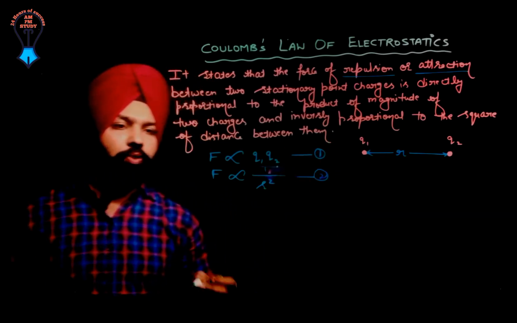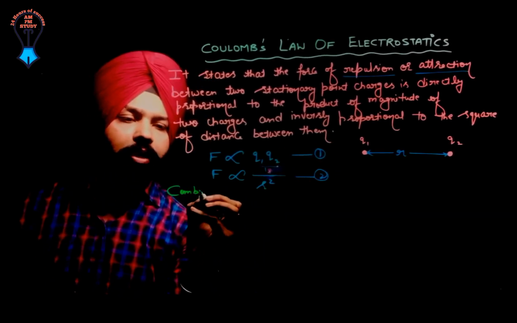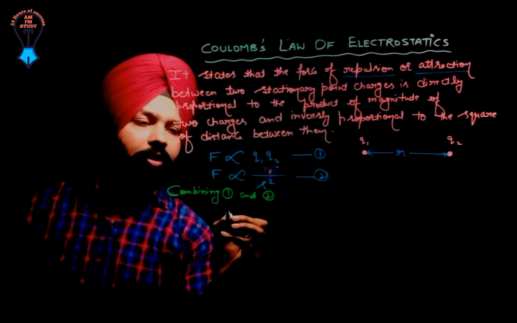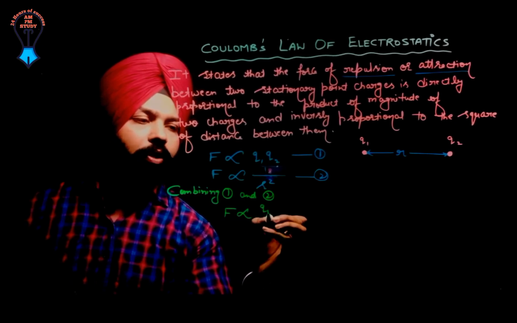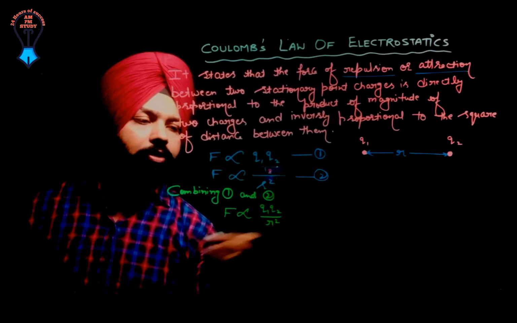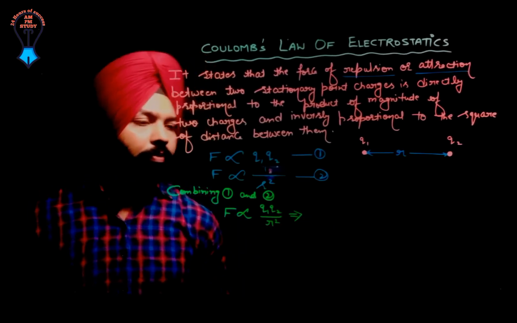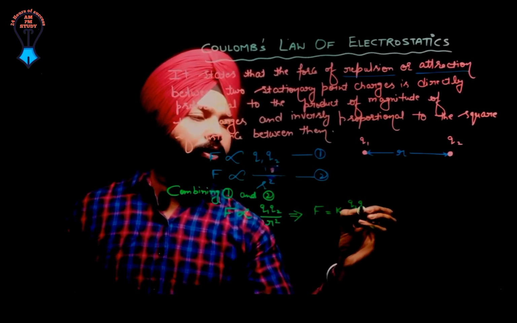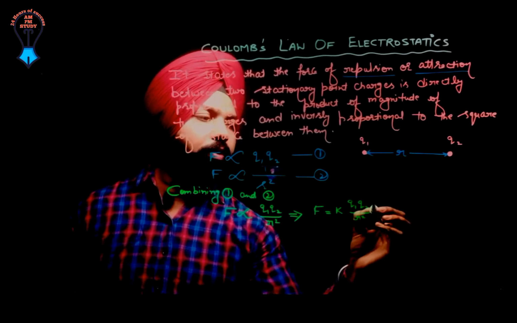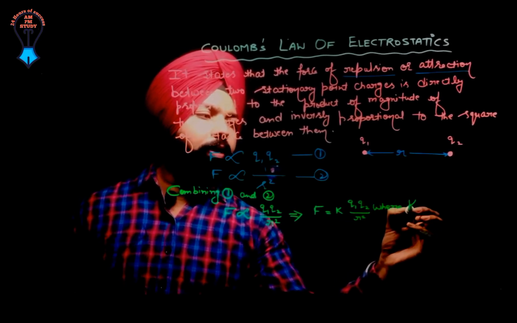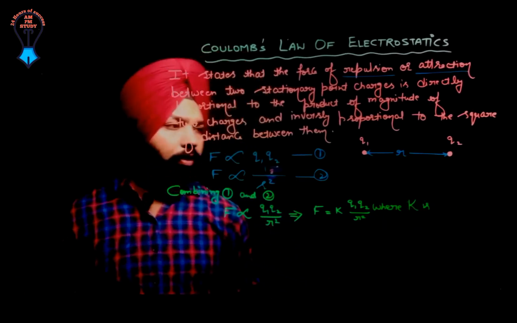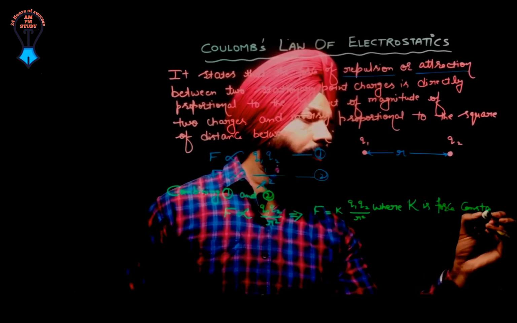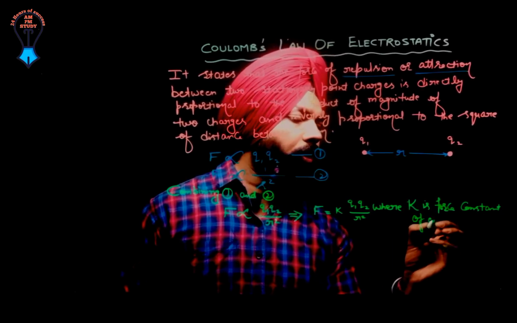So combining the first and second, we get F is proportional to Q1 Q2 by R square, or F is equal to K times Q1 Q2 by R square, where K is the force constant of electrostatics.